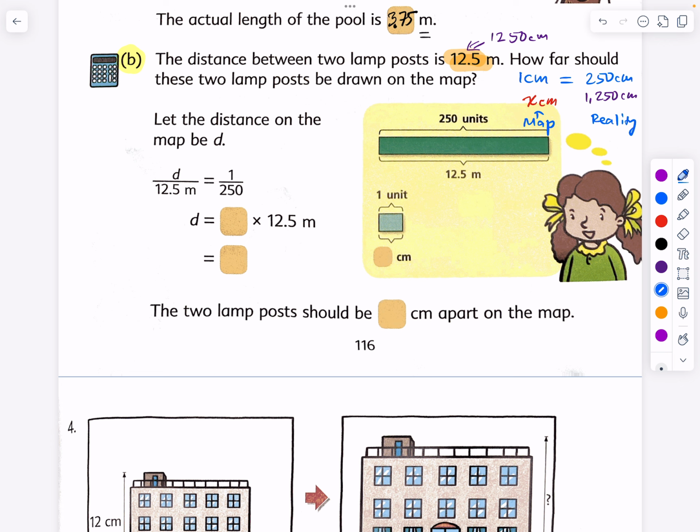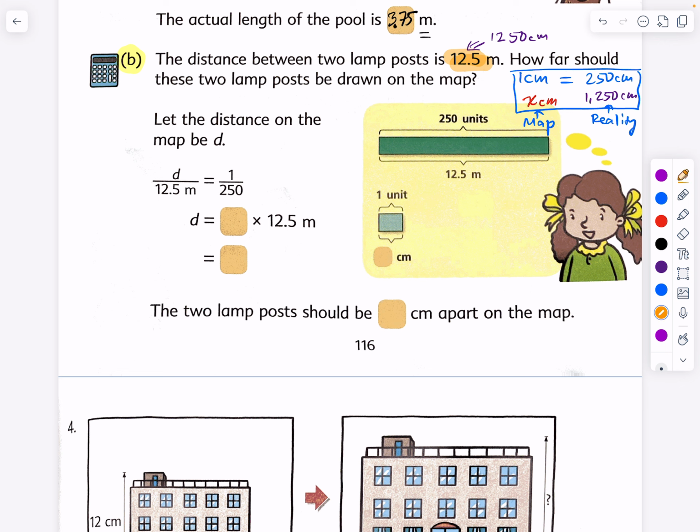Now we have ourselves a proportion where the two ratios are tied together like this. And I've mentioned before that out of 4 data points in a proportion, if one is unknown, such as x centimeters, we can always solve it if we know the other 3 measurements.